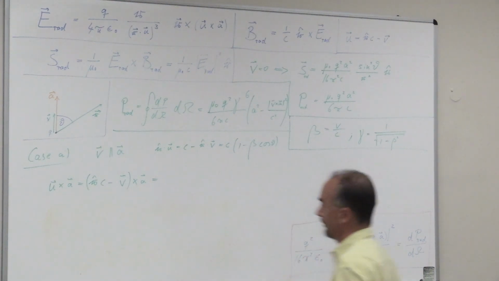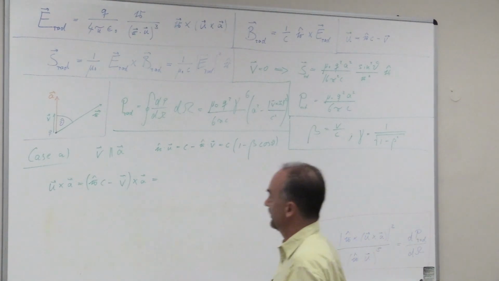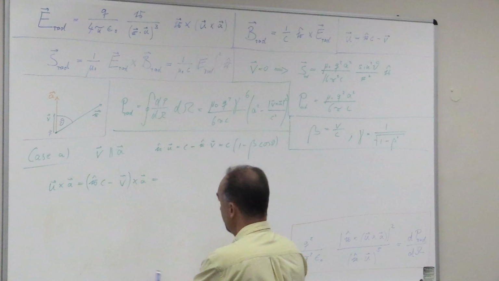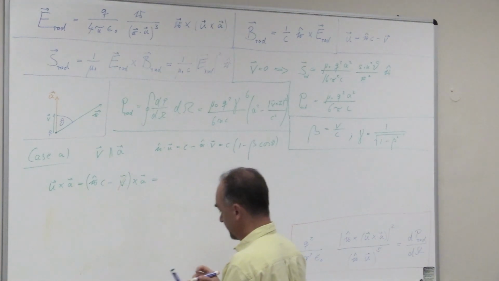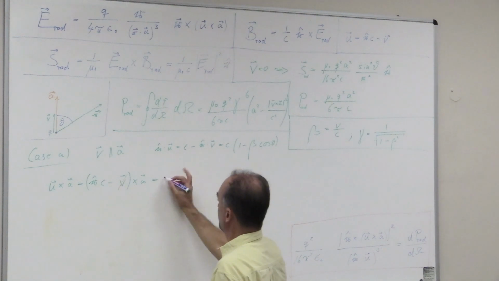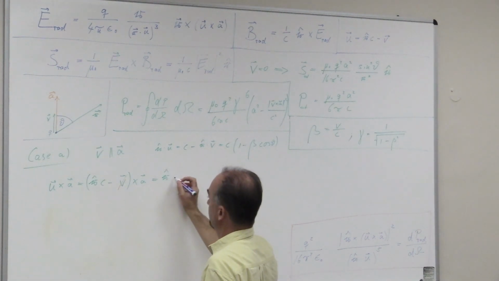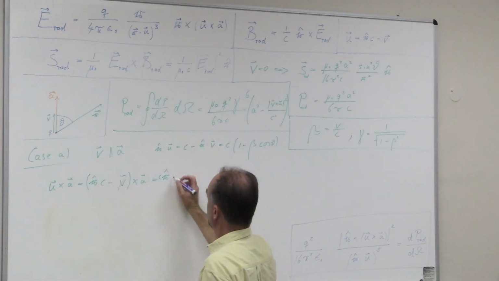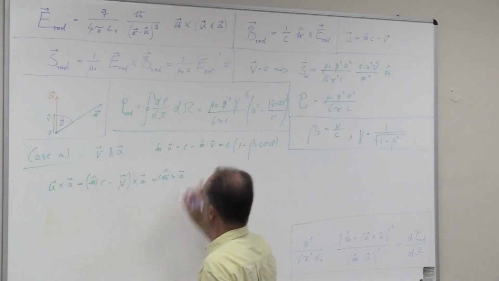If two things are parallel to each other, the cross product is 0. So this then drops out, and it all comes down to just R unit vector cross (R unit vector cross a), right?